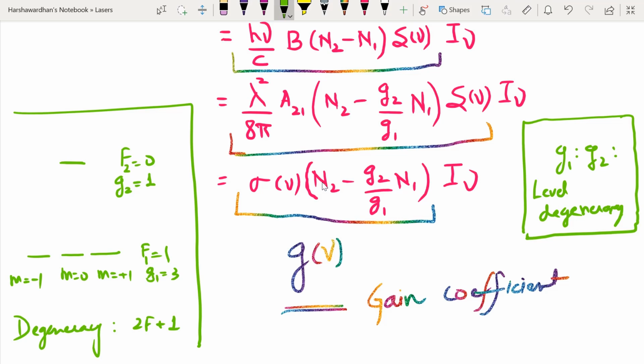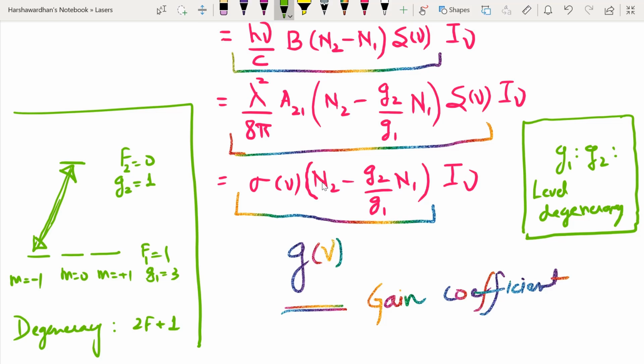The ground state population is distributed among three states, because there are three equivalent states. The atoms will be equally distributed, and a particular photon will couple a particular transition. For example, the photon couples to this transition. Then you are looking at the population inversion against only one third of the population in the ground state.